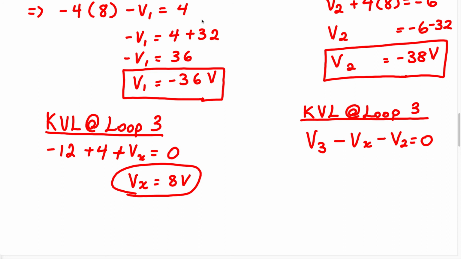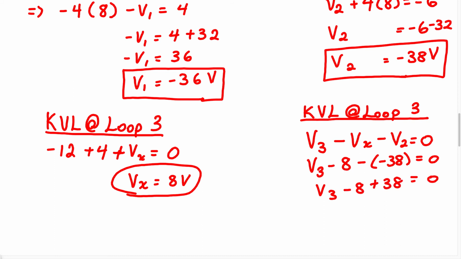Now we know the values of Vx and V2, so we can say V3 minus 8 minus negative 38 for V2, right, equals 0. Therefore, V3 minus 8 plus 38 equals 0.